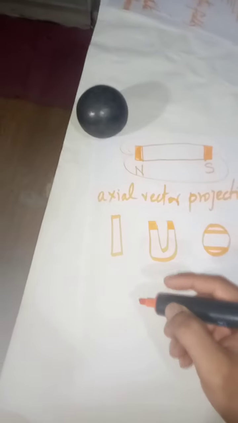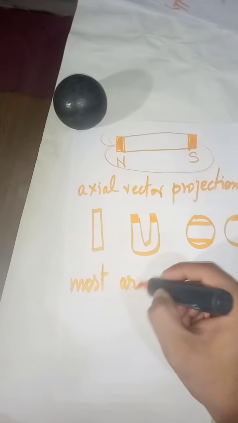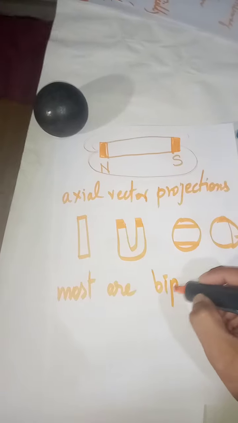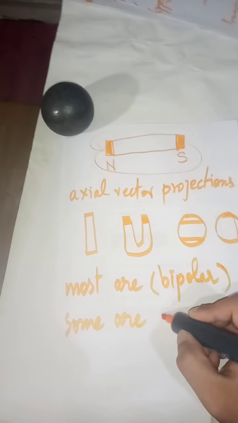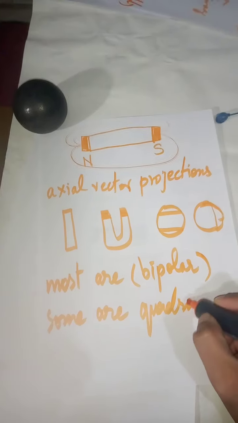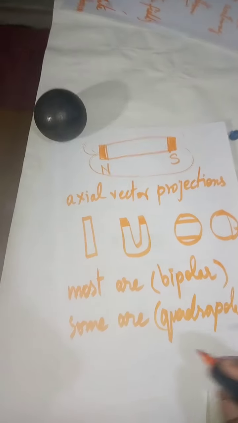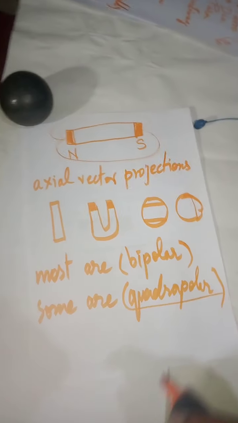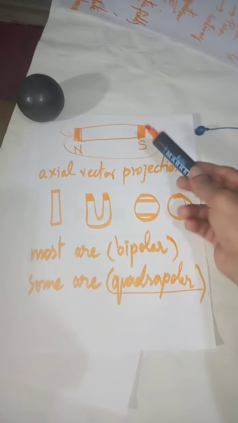It can be quadrupolar as well, but most magnets are bipolar, and there's no unipolar magnet. Quadrupolar is just a juxtaposition of two bipolar magnets, so quadrupolar are rare. Then you get superconducting magnets as well. So I'd say this is the basic anatomy of a magnet.